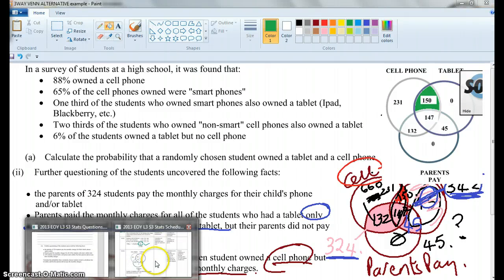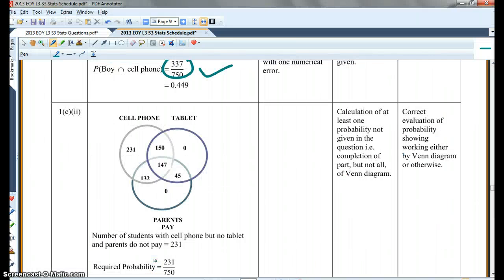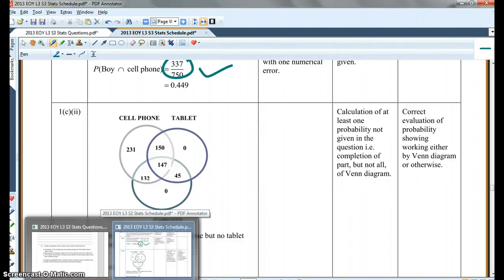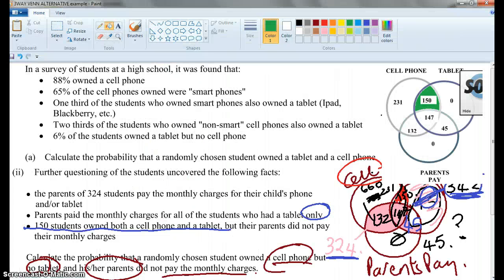Oh, whoops. A cell phone and no tablet, and parents do not pay. Gosh, don't you hate the language? A cell phone and no tablet, and the parents don't pay. So that's where the 231 over the 750 comes from. And that is horrible. Truly.